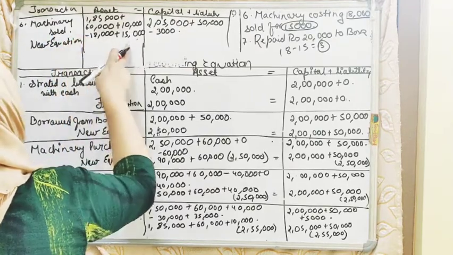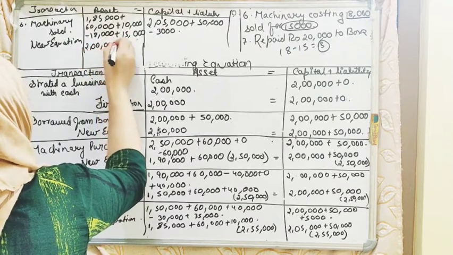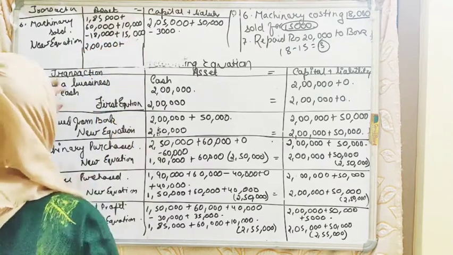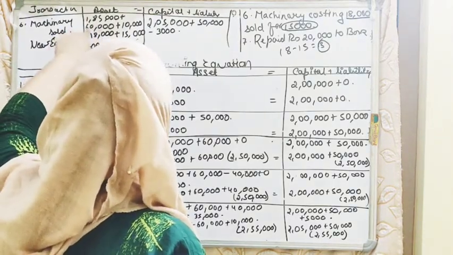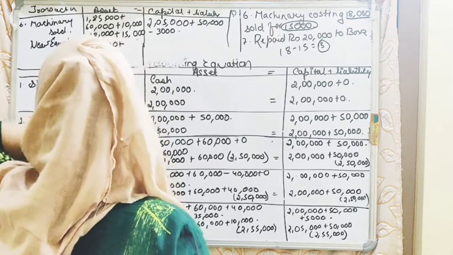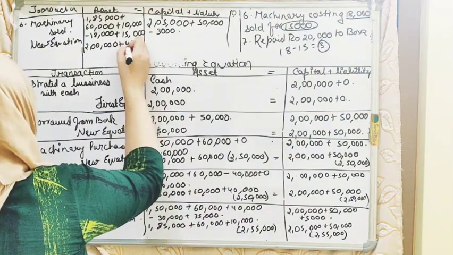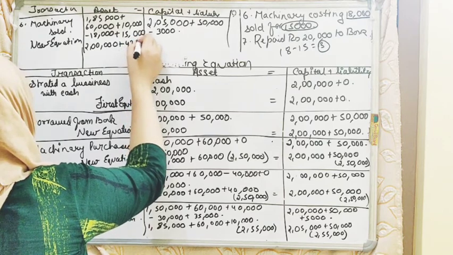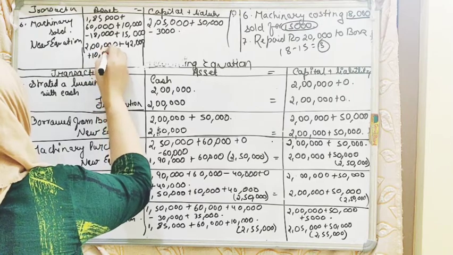If we add 15,000 to 1,85,000 it will be 2 lakhs, plus if we subtract 18,000 from 60,000, we get 42,000 plus 10,000.